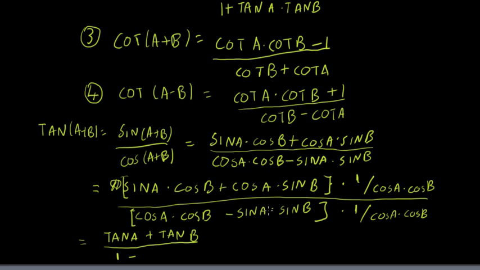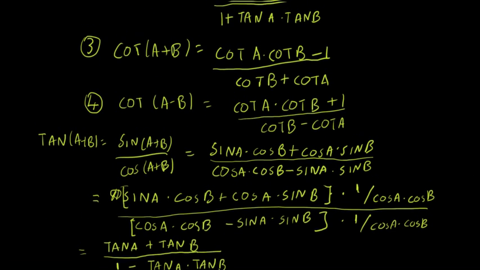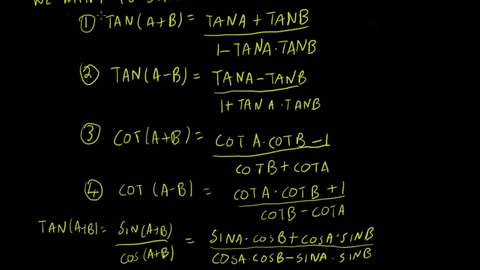Then sine A times sine B, you divide that by cosine A times cosine of B, or you can think of it as multiplying by the reciprocal of cosine of A times cosine of B. Sine A over cosine A is tangent of A, and sine B over cosine B is tangent of B. And we've just gotten the sum identity for tangent.